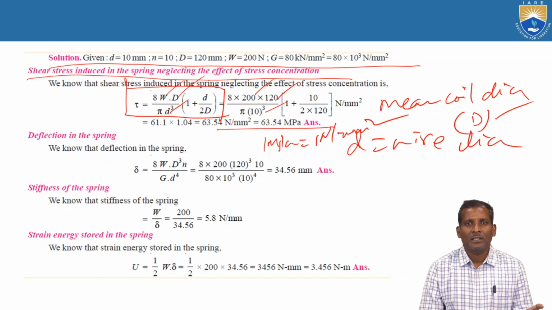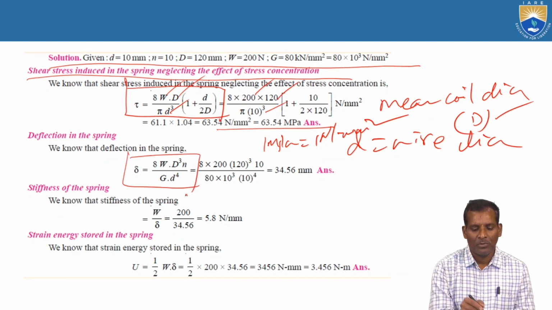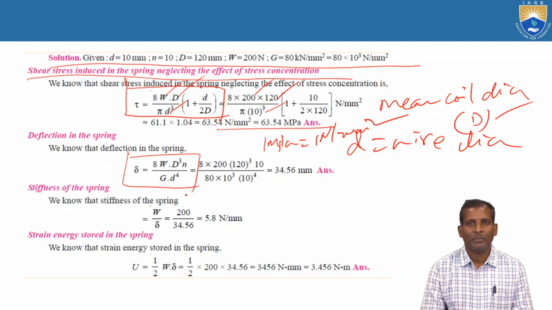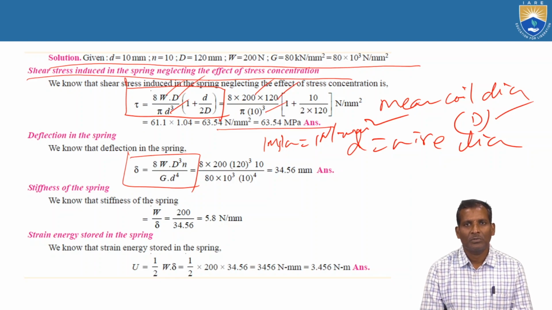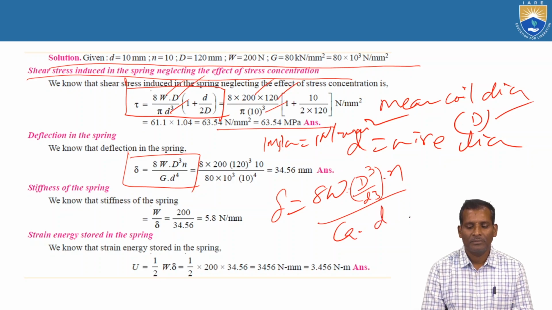So deflection in the spring. We calculate the deflection. The deflection formula you already know. This deflection is equal to 8W D cube n by G into d to the power of 4. You may write it in another way also: 8W D square by small d, into n divided by G d.